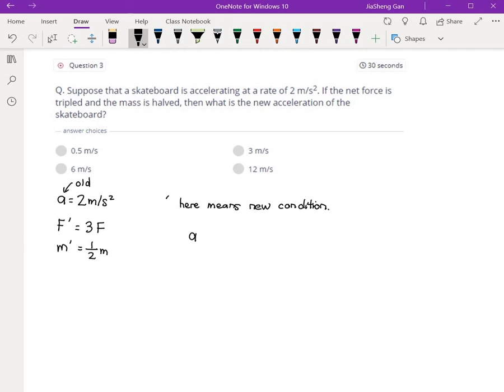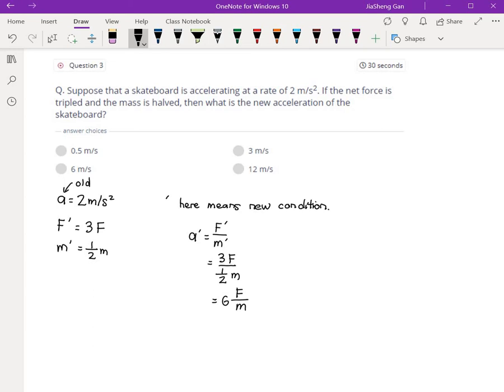We know that the new acceleration will be the new force divided by the new mass. The new force is 3F and the new mass is half m. So this is equivalent to 6F divided by m.